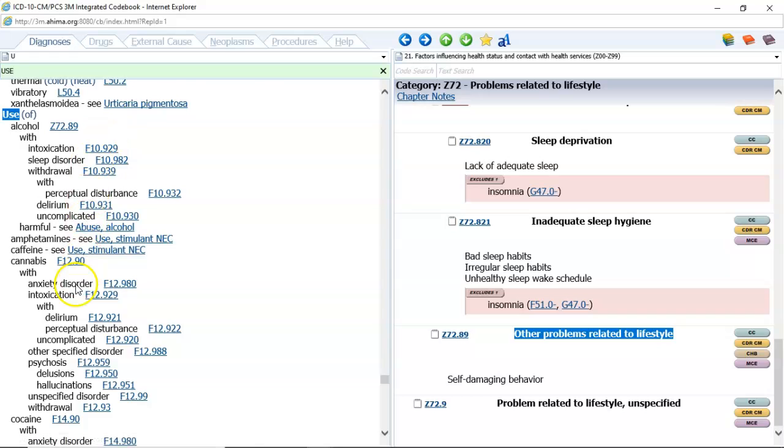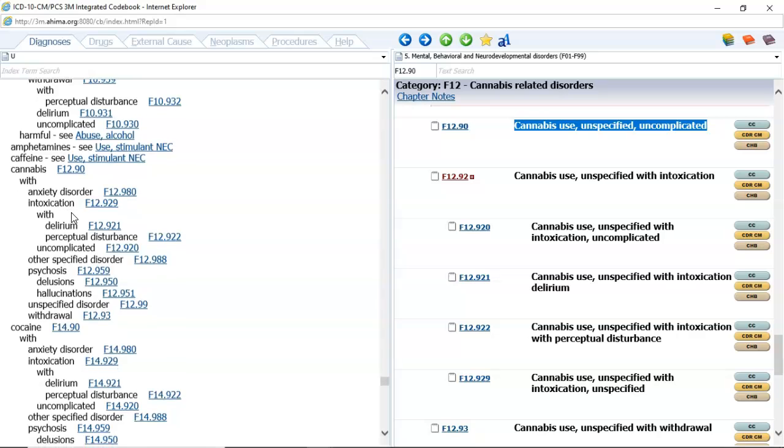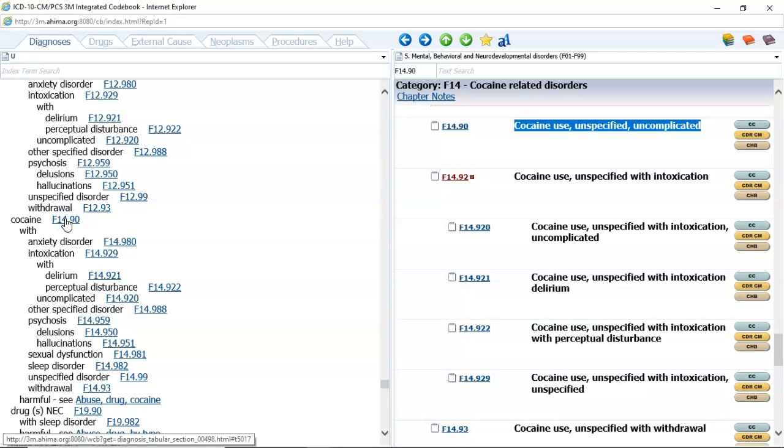However, I want to point out to you that there is a code for other drugs. For instance, cannabis, F12.90. You can see that there is a code here, cannabis use unspecified, uncomplicated. So if the patient is using these types of drugs, there are in fact codes that reflect that the patient is using them and it's uncomplicated.